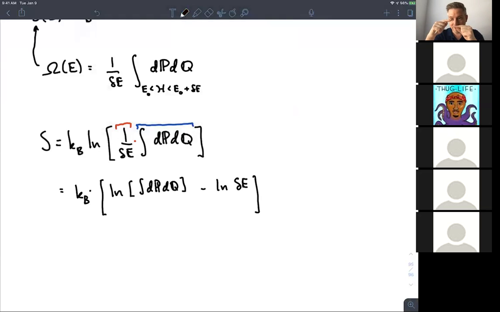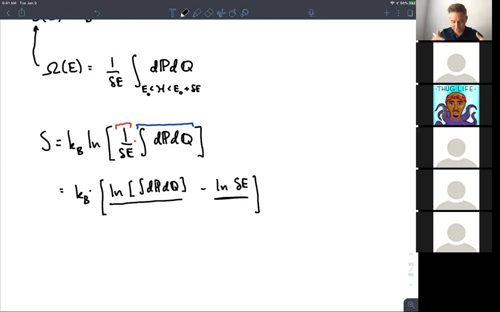It's just a small variation that we made to the energy that allow us to calculate volumes in phase space, which we eventually take the limit as it goes to zero anyway. And so what you can see here is that what you're doing is you calculate this integral and then you subtract off this meaningless, essentially constant, okay?